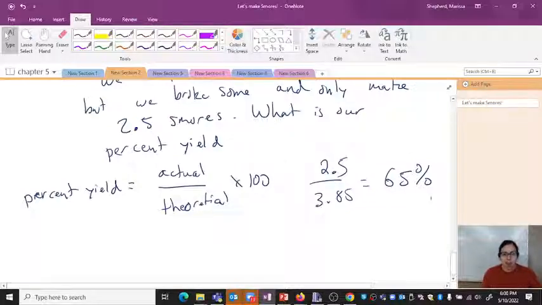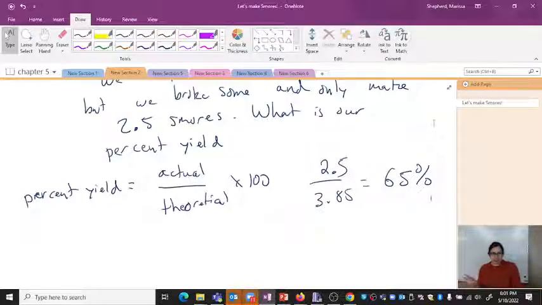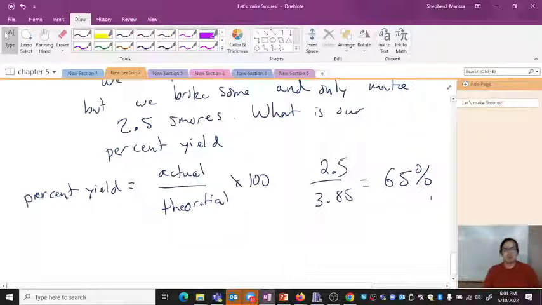And so you should never have over 100% yield. If you ever get over 100%, usually it means you contaminated it, it's still wet, or it's impure, it's not what you think it is, so something is up. You would never be perfect and get 100% yield.